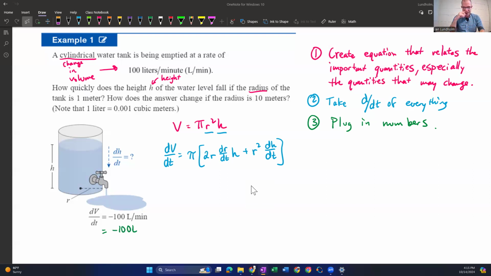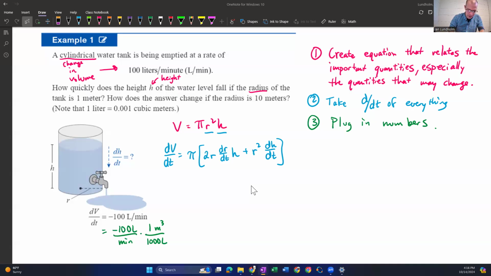I gave you a lame chemistry example earlier. If we're working with 100 liters per minute, and we multiply it by a conversion factor where there are 1,000 liters in a cubic meter. Boom. 1,000 liters in a cubic meter.